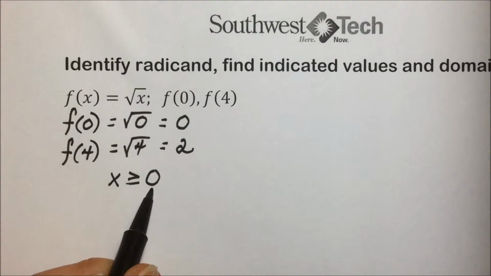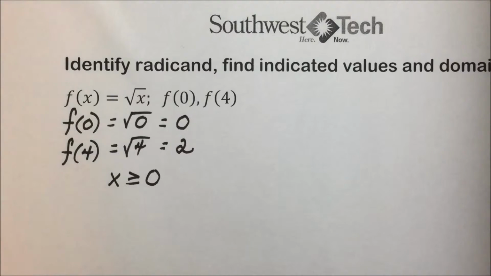If it's a negative, then we can't have a solution in the real number system. As I said in an earlier video, we will cover this topic when we discuss the complex number system, but for right now we're going to stay in the real number system.